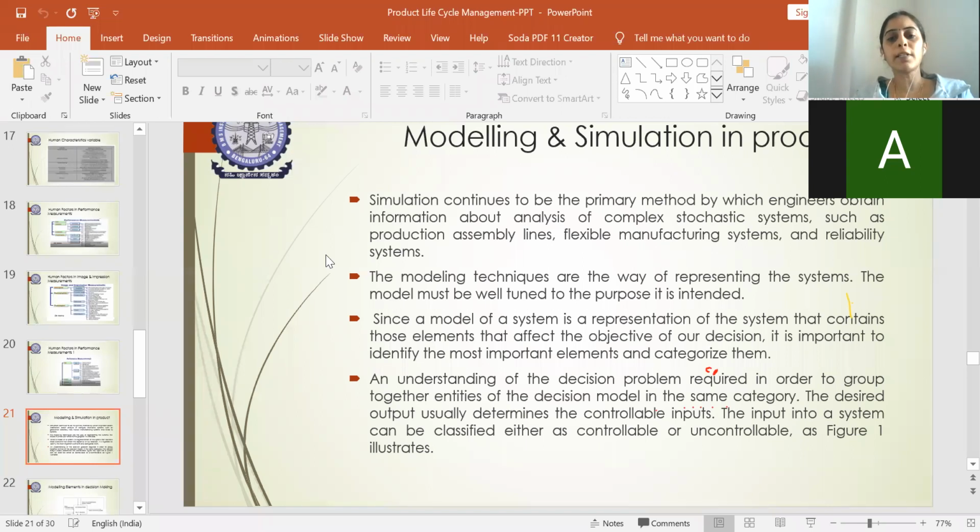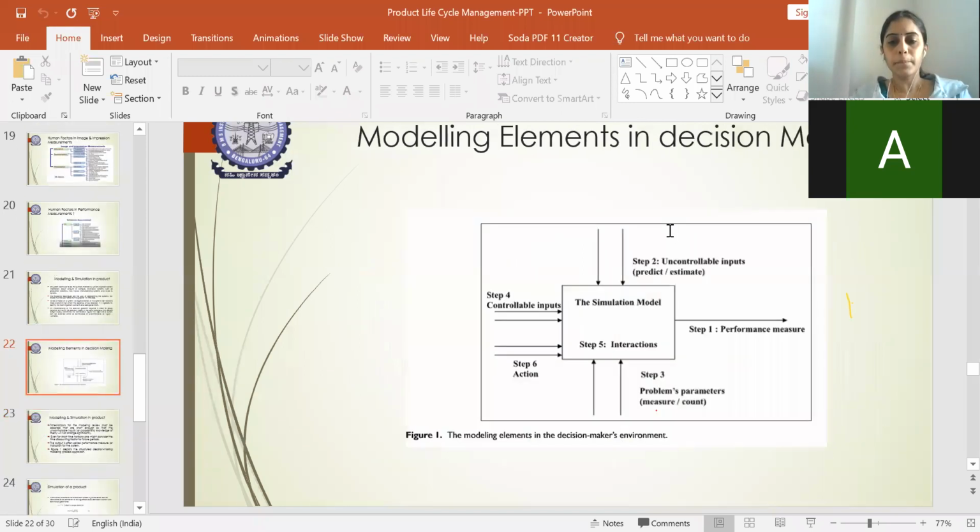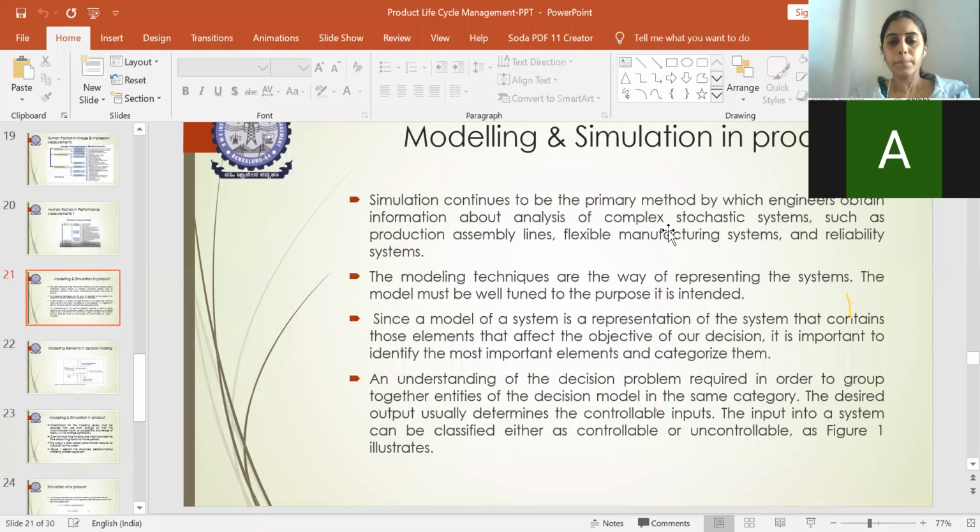So here you have to understand what we mean by modeling and simulation. Okay, so this is about the simulation model. So I can go directly here. Just one thing you have to understand here is the normal definition for simulation.